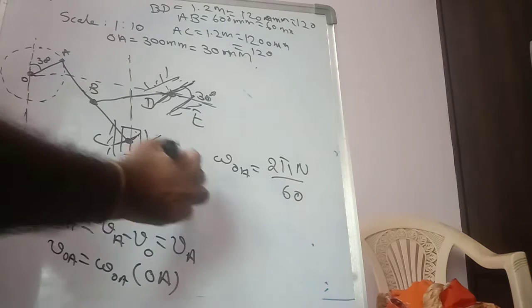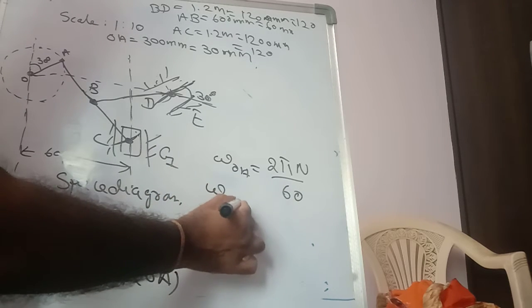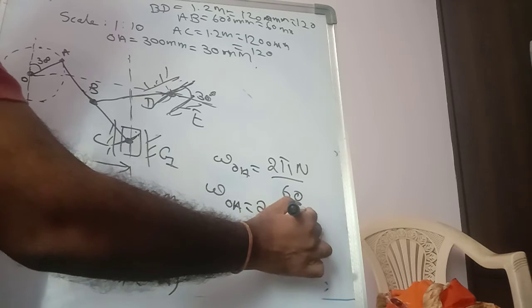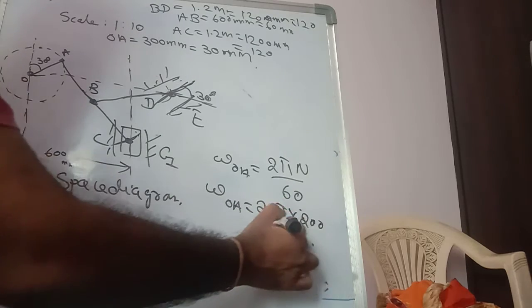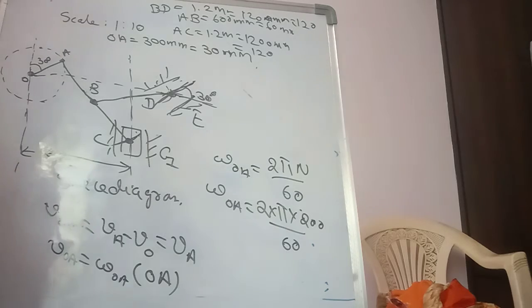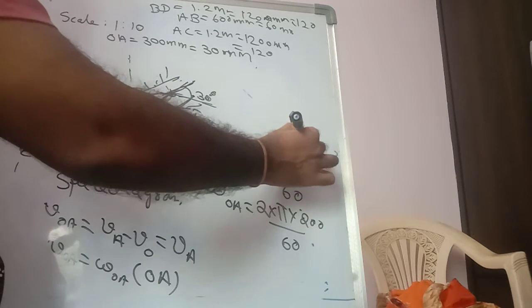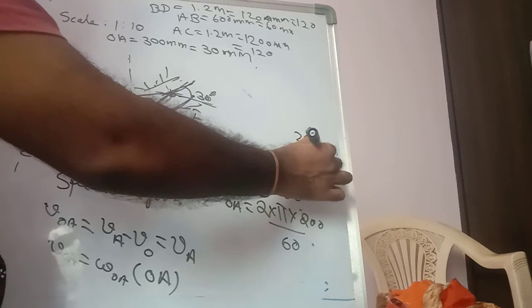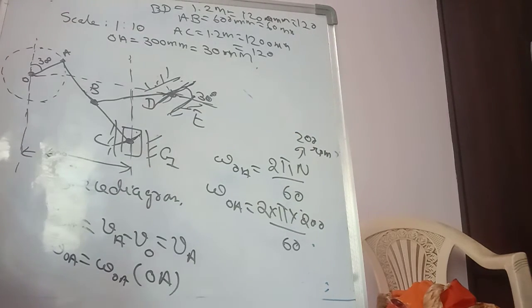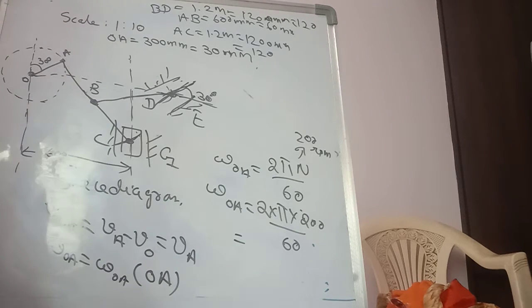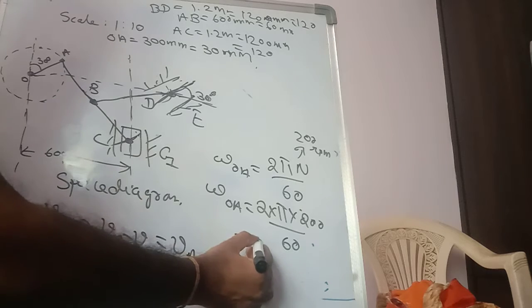So omega OA is equal to 2 into pi into 200 by 60, where N is given as 200 RPM. By substituting, we will get omega OA is equal to 20.94 radians per second.